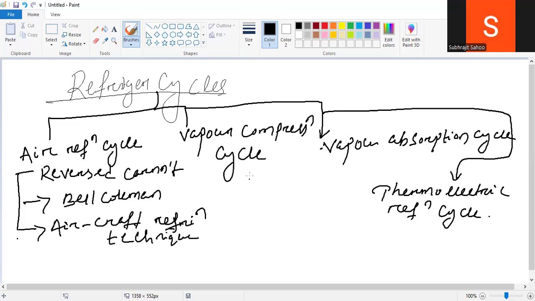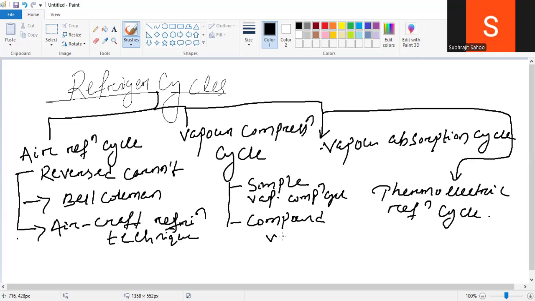In vapor compression, there are again the simple vapor compression cycle and the compound vapor compression cycle. Similarly, in vapor absorption, several types are there.